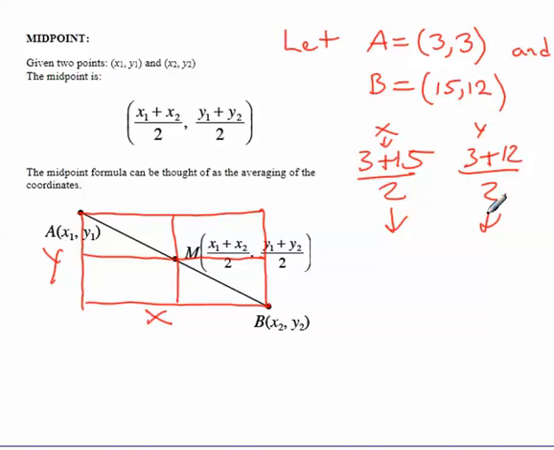Simplify each of these and we get our new midpoint. Midpoint M will be (9, 7.5). It is okay to have a decimal or a fraction in a point. Sometimes they don't exactly land on a corner on the graph paper.